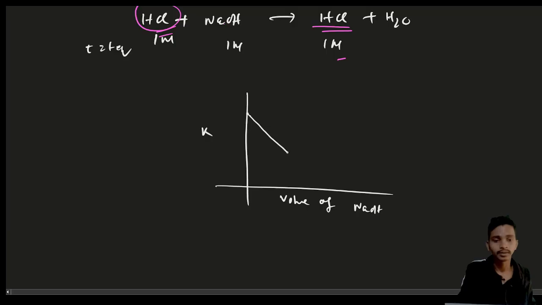So this will come down like this, because we already discussed strong acid, strong base, what will happen. So it will decrease like that. Now here the HCl and NaOH are reacting, but after some time when HCl is over, here HCl is finished.